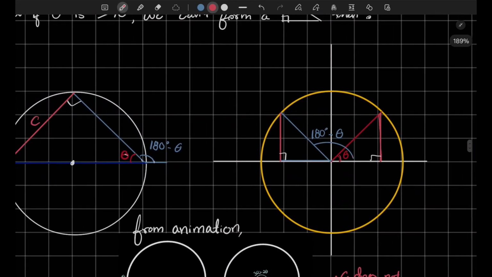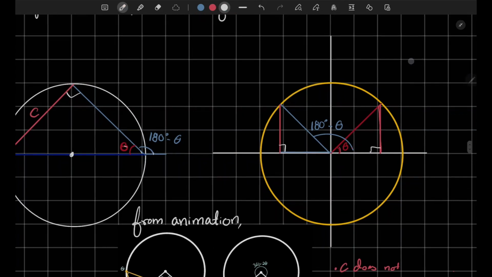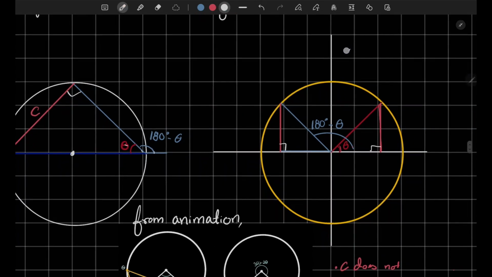Now just maybe as a little refresher about what sine's doing. Sine refresh. So, when theta is less than 90, you're taking opposite over hypotenuse. That's what sine's doing, right? Sine is opposite over hypotenuse.